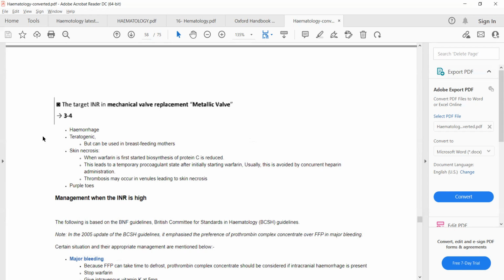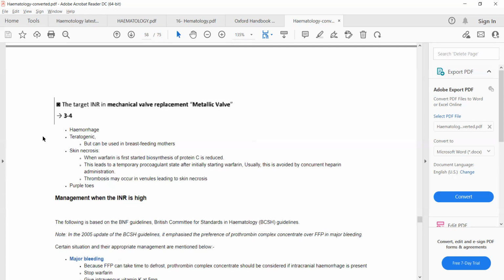This leads to a temporary procoagulant state after initially starting warfarin. This is usually avoided by concurrent heparin administration. So that's why we usually give heparin along with warfarin for the first 4 to 5 days. So hemorrhage, teratogenicity, skin necrosis, and purple toes are the side effects of warfarin.